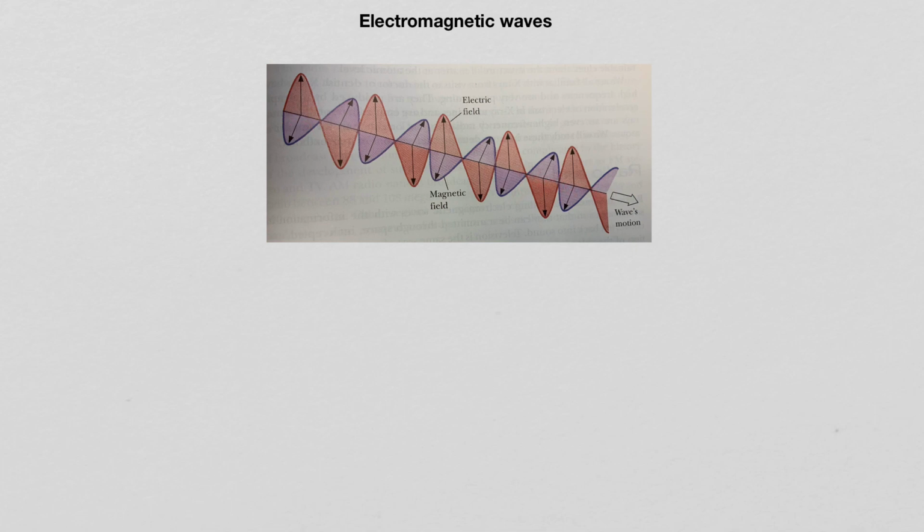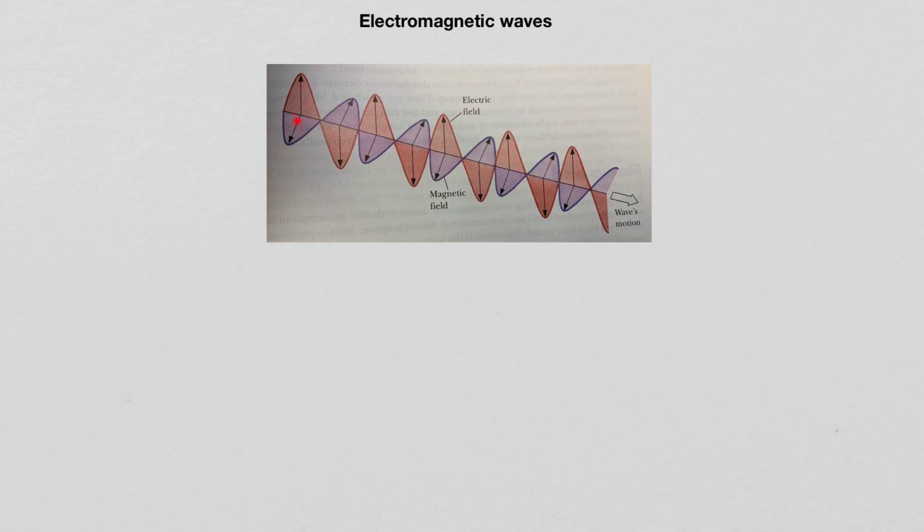The magnetic field is presented with purple, and the polarization of the magnetic field, or the direction of oscillation, is perpendicular to the direction of propagation of the wave, but horizontal. So the electric field is perpendicular to the direction of propagation vertically, and the magnetic field is perpendicular to the direction of propagation horizontally.